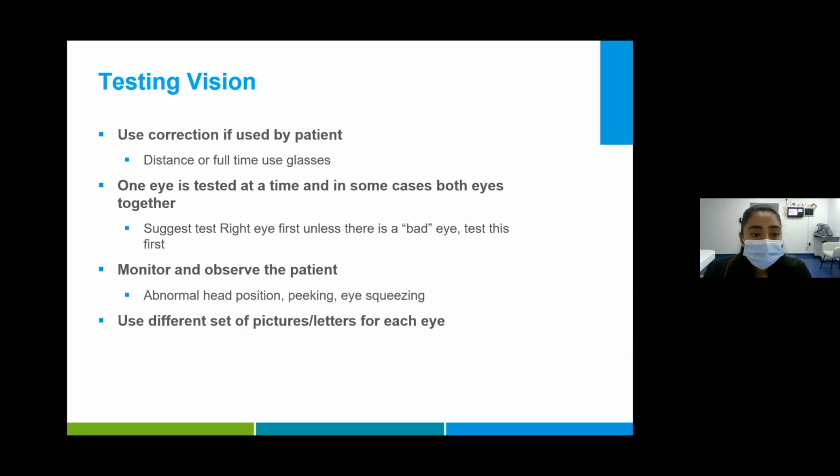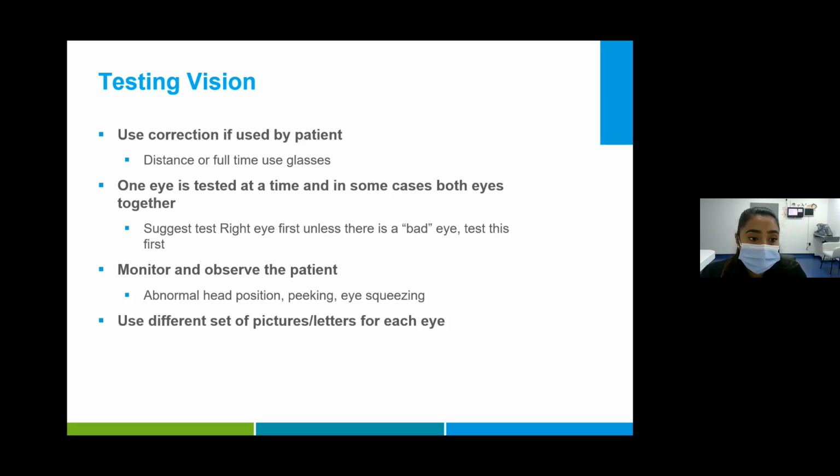So when you're testing vision, it's really important to use the correction, and this could be glasses or contact lenses. If glasses, make sure that they are the glasses that they use for distance, such as for TV or driving, and not their reading glasses if you're doing the distance vision.